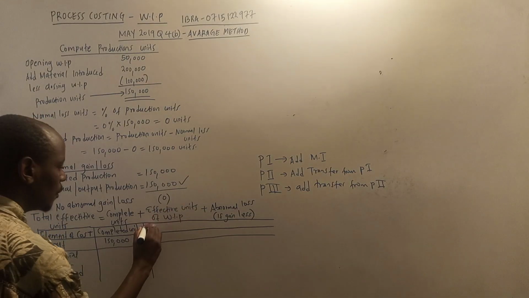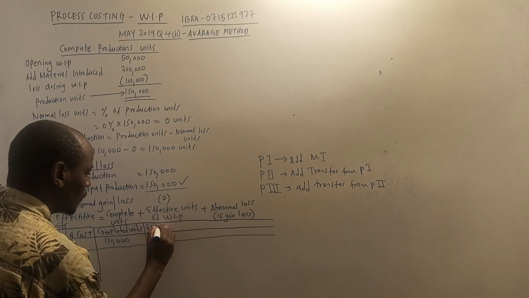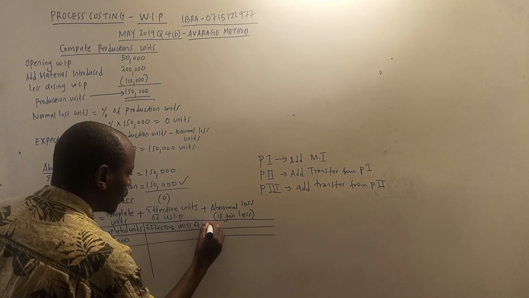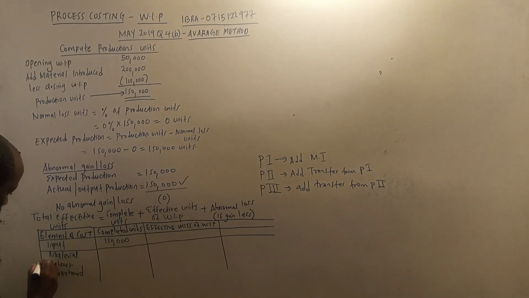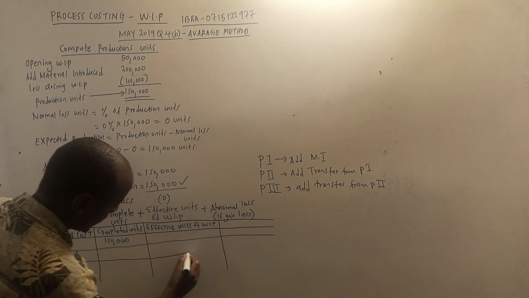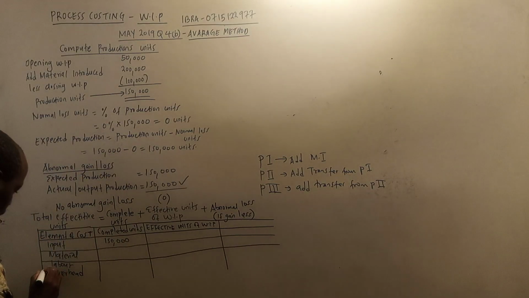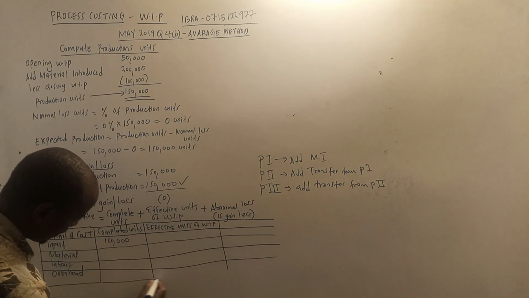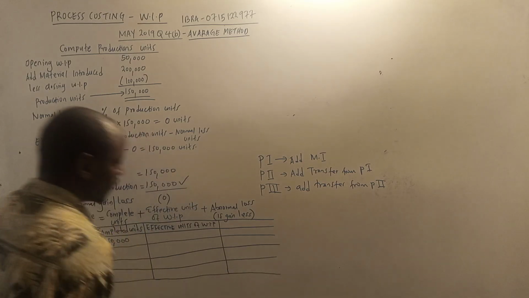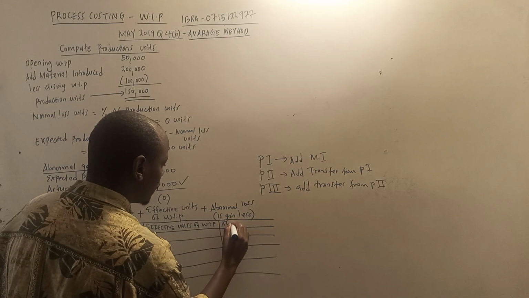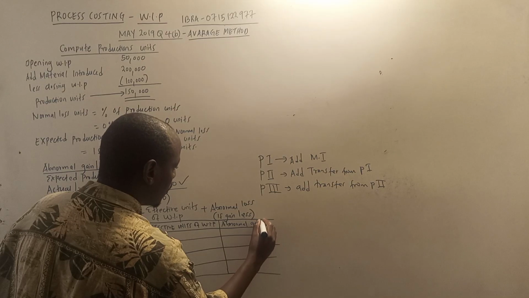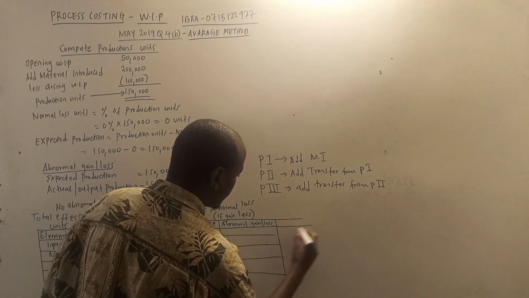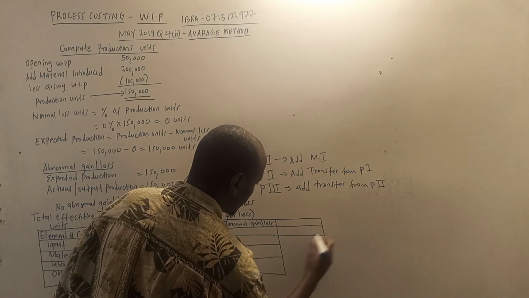Then we go to effective units of work in progress, then abnormal gain or loss, then total units.